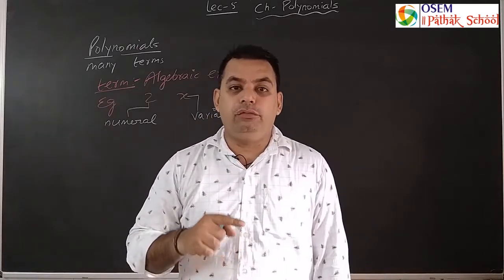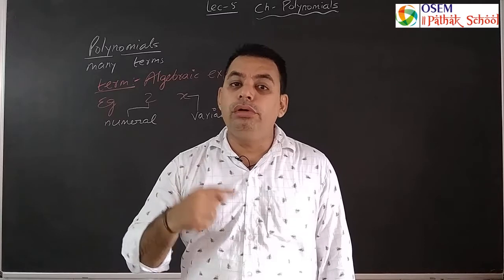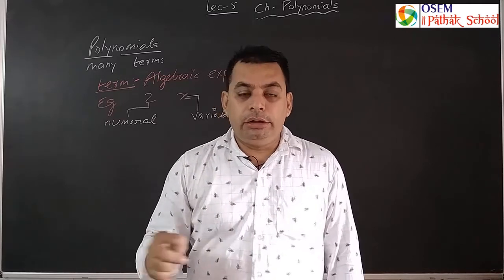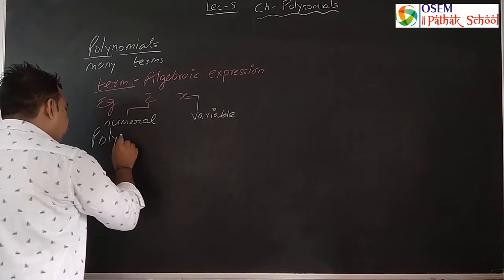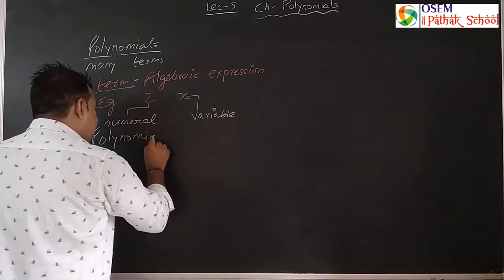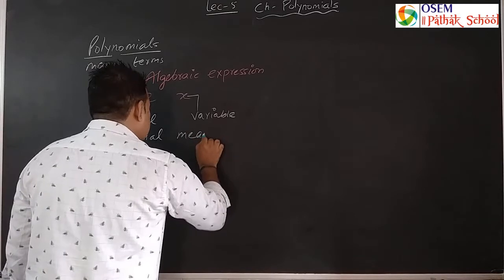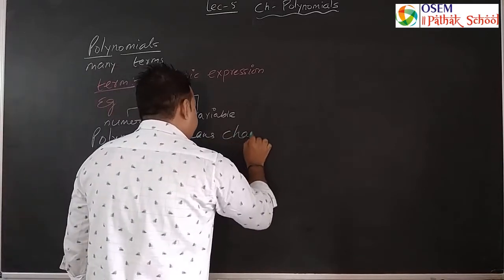A variable can be any English alphabet from A to Z. So now we can say that a polynomial means a chain of terms.